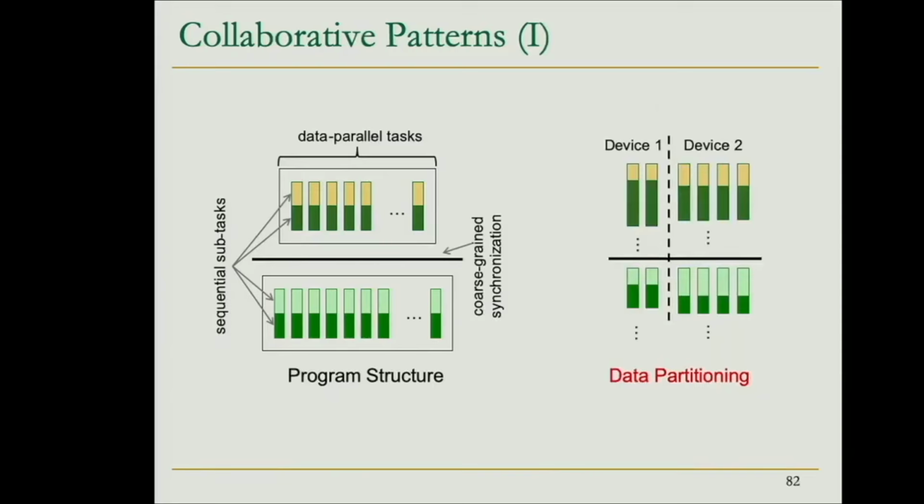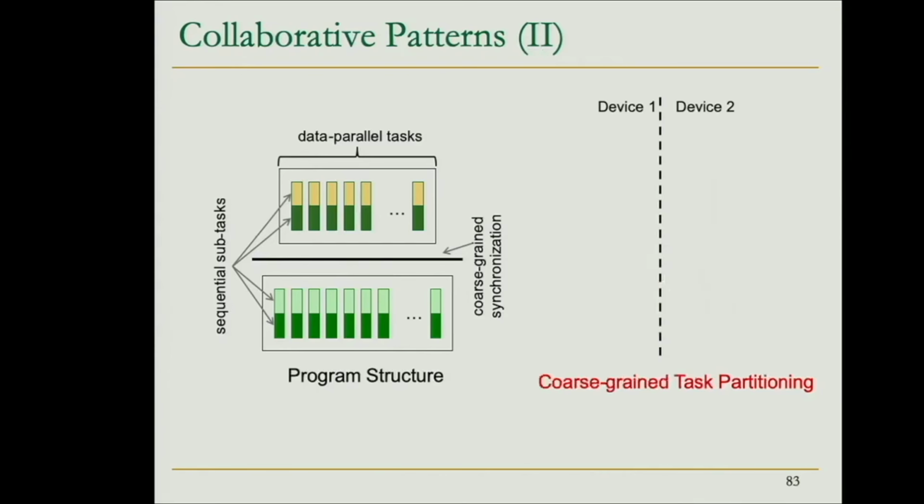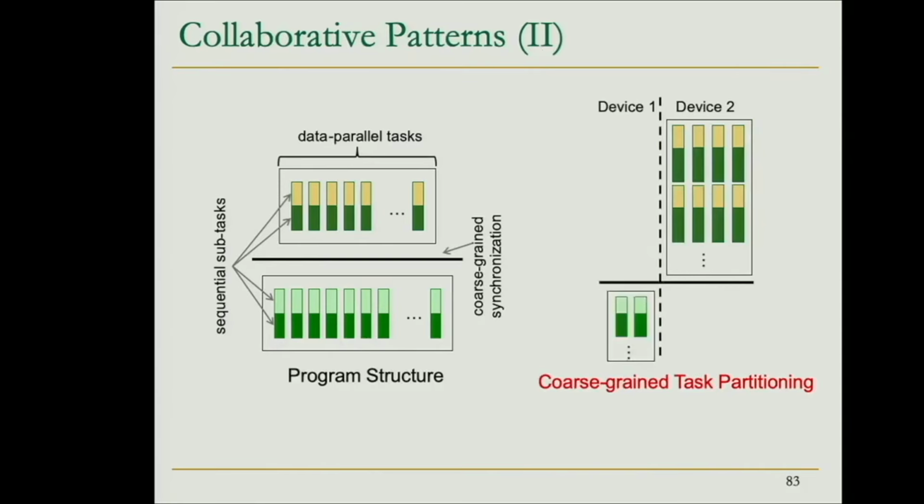Each individual task here is faster on the GPU, while here, each individual task is faster on the CPU. So one thing I can do is some sort of coarse-grained task partitioning, where I run all this computation in device 2 and all this computation on device 1, right?